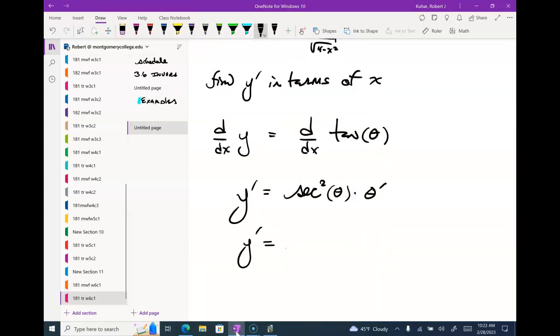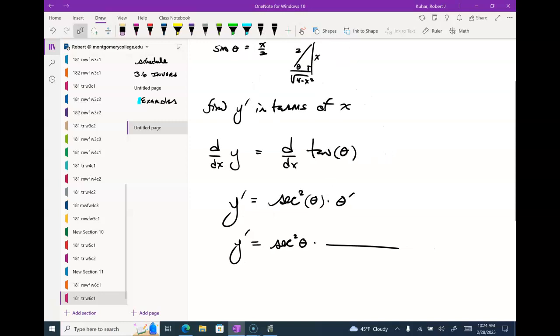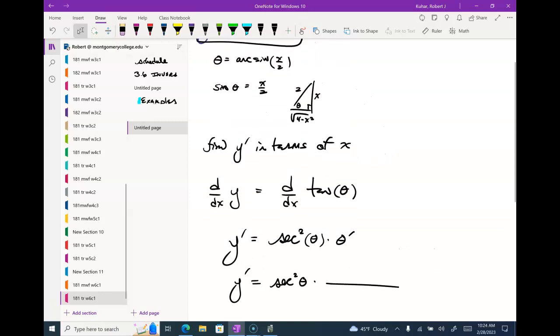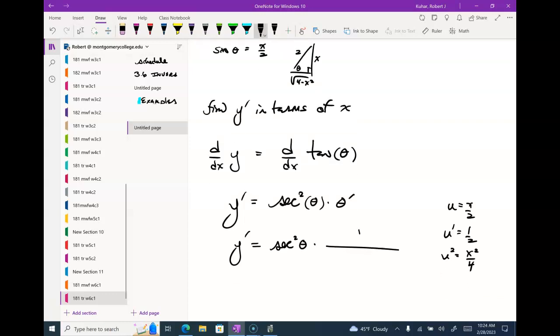So I get y prime is secant squared theta times, what's my value of u? Yep, u is x over 2. u prime is 1/2. u squared is x squared over 4. So I get 1/2 of the square root of 1 minus x squared over 4.